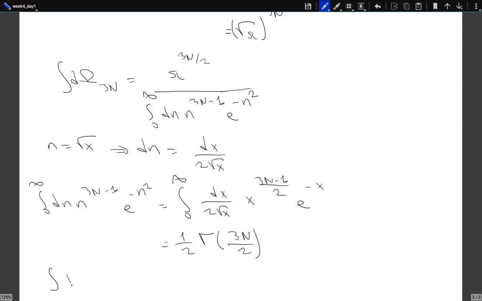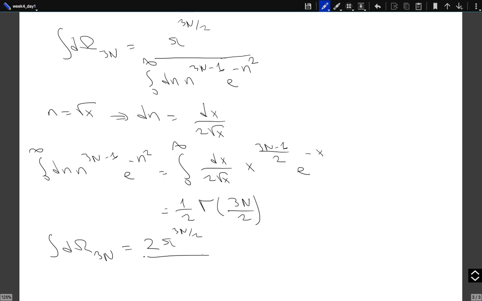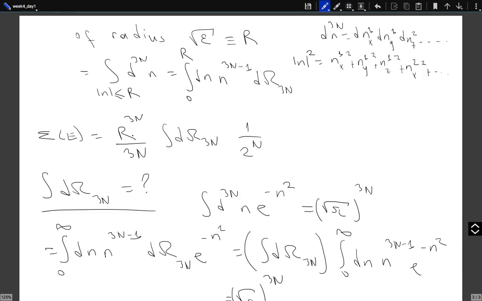So we are practically done. The solid angle is equal to pi to the power 3n over 2 times 2 divided by gamma 3n over 2. So we were looking at sigma.